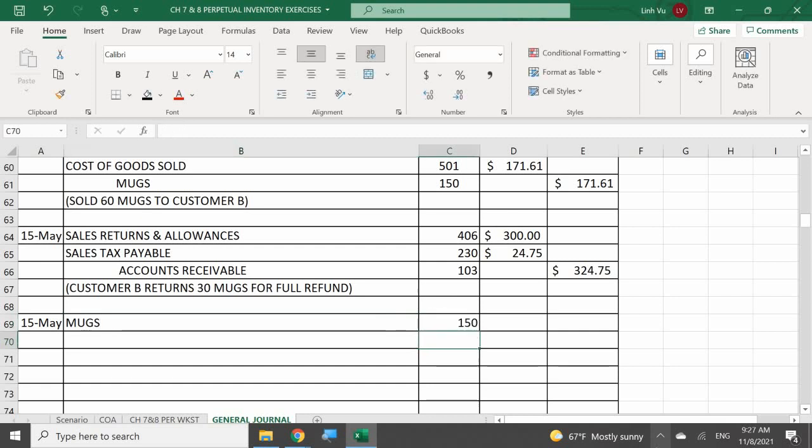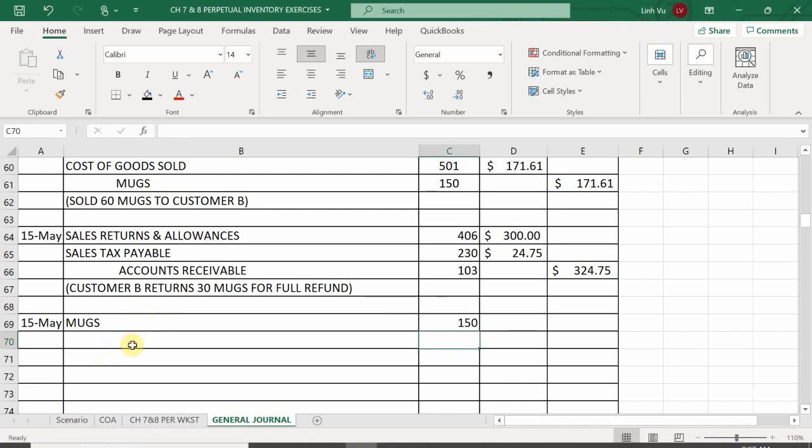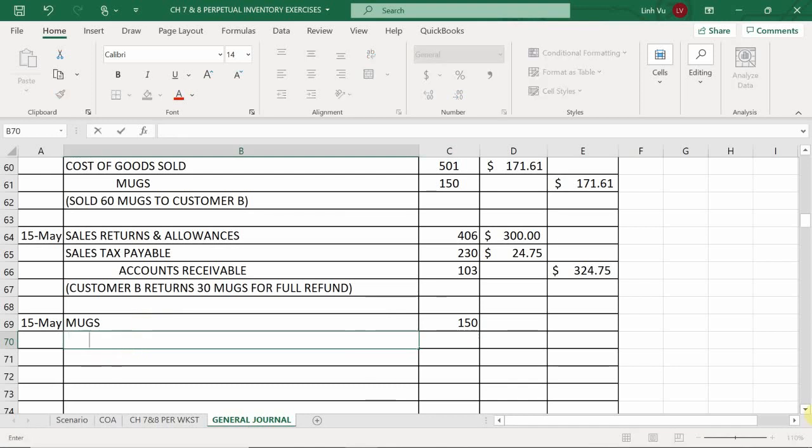Now, what would be my credit account? If this is going back to my inventory, what account am I going to credit? Cost of goods sold. Yes, you're going to reverse the cost of goods sold because in this case, did you really sell the product?